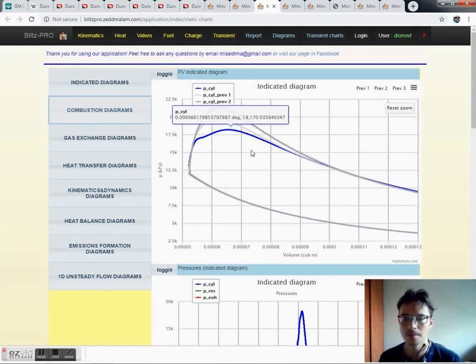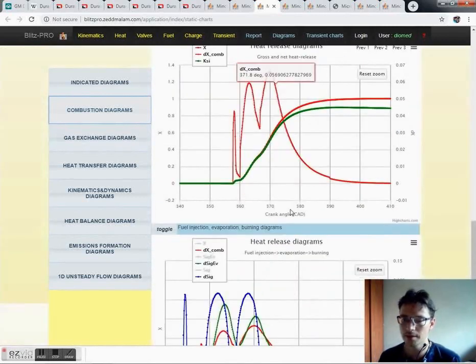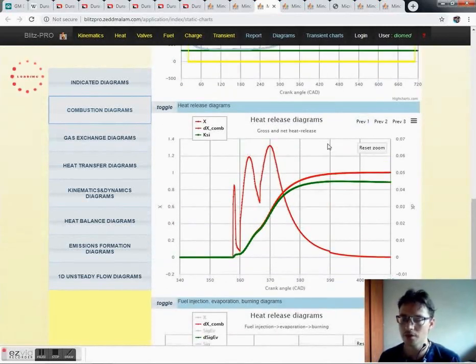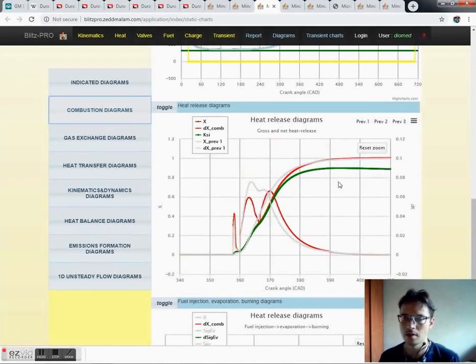And let's have a look at the combustion diagrams for double injection.